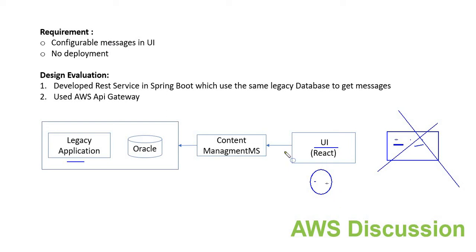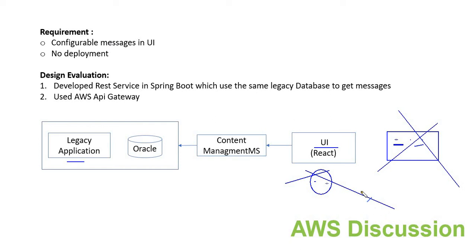But this particular UI is meant for a different purpose. It has its own purpose, and we don't want to complicate it by adding this requirement inside this UI service. So this approach is also not valid, because it breaks the philosophy of the microservice.